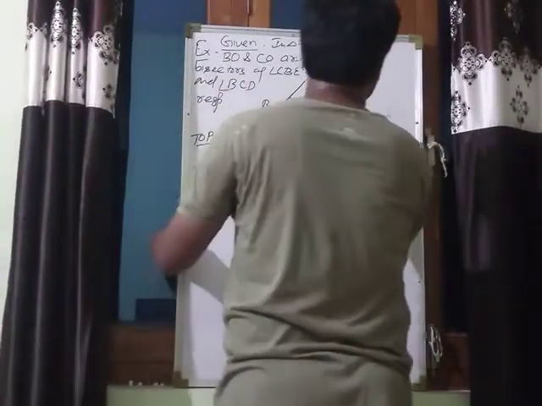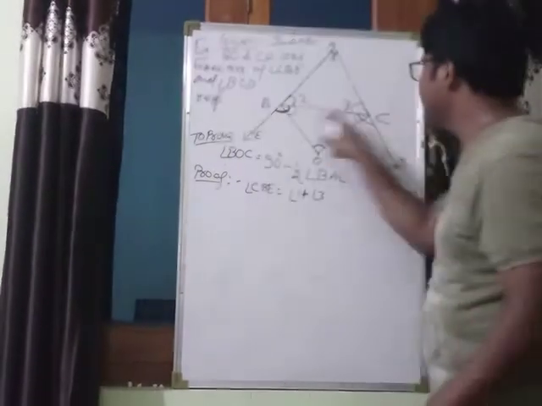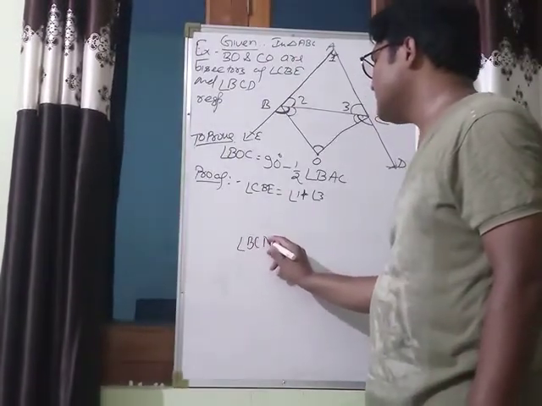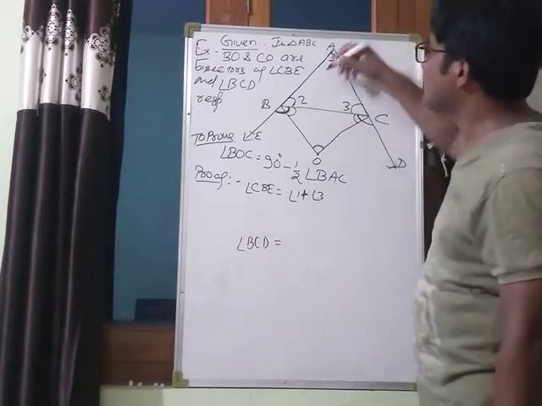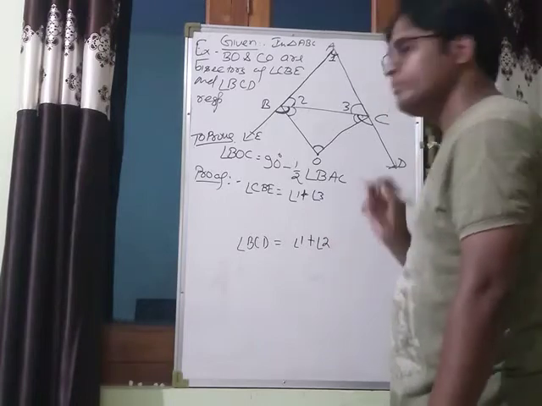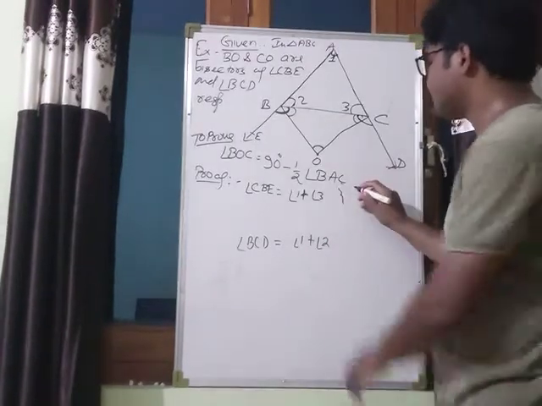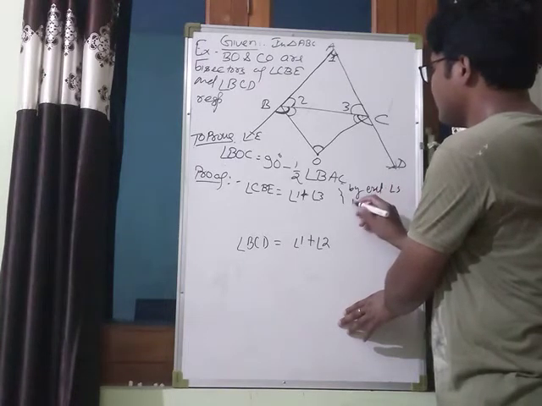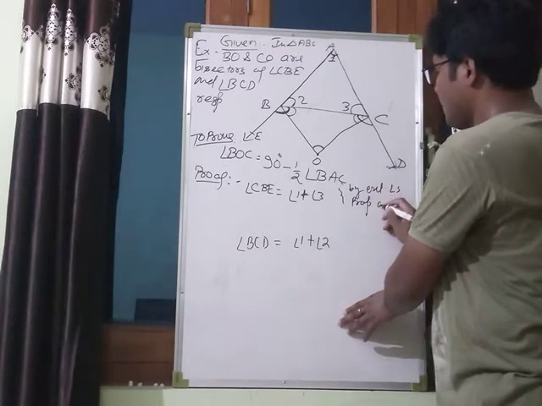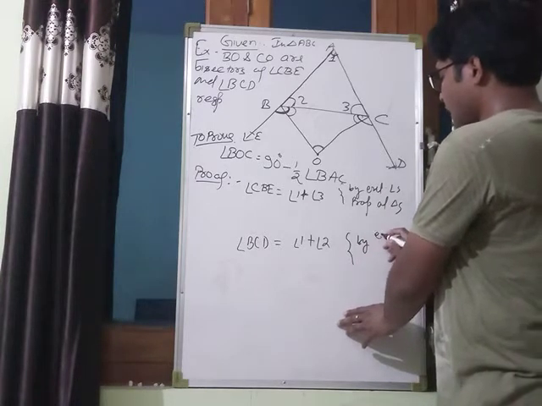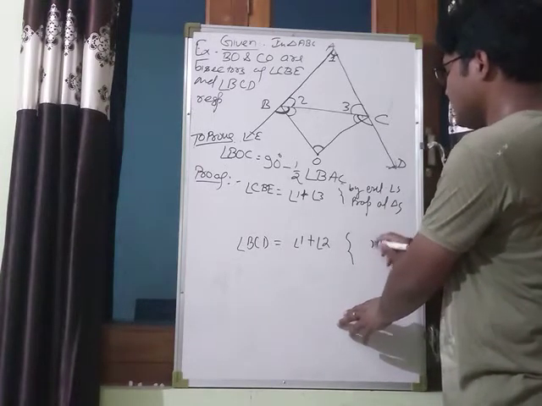And this angle BCD is equal to angle 1 plus angle 2, by the exterior angle property of triangles. This is also by the same reason.